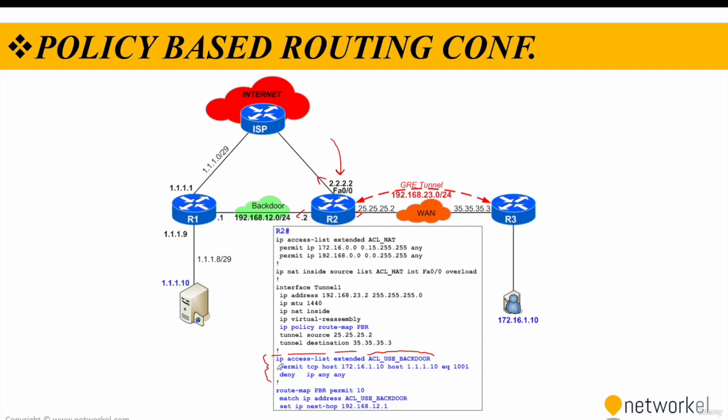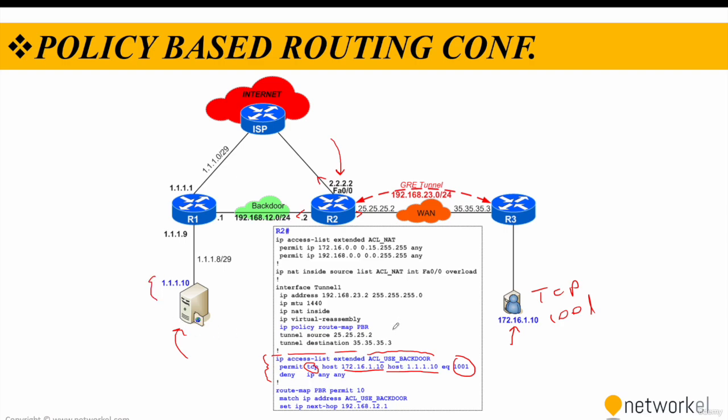This access list will match the traffic coming from this host, which is the PC here, going to this host, which is the server here, and using port number 1001 with TCP.